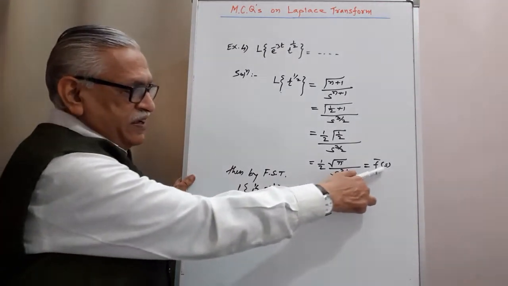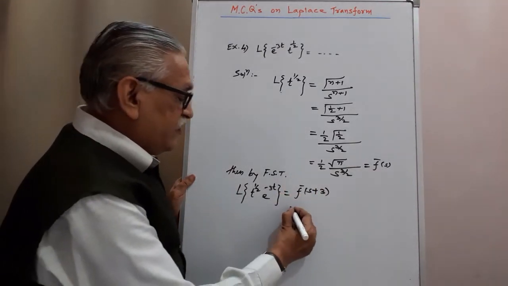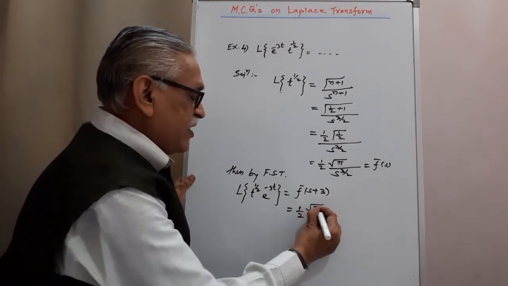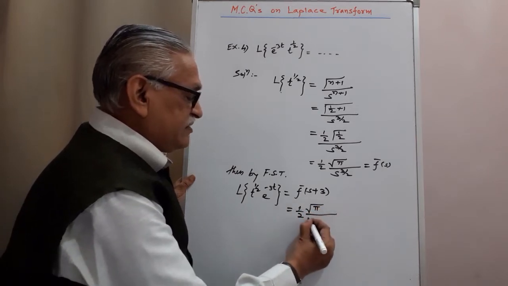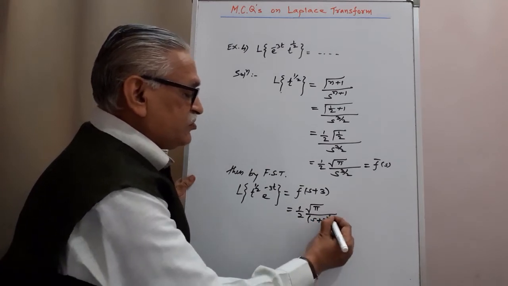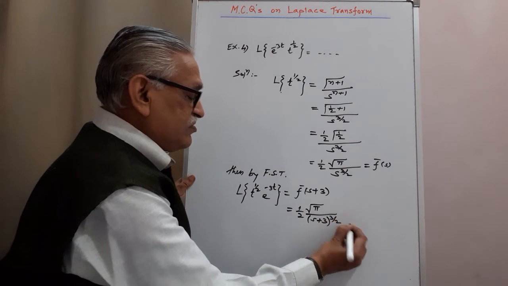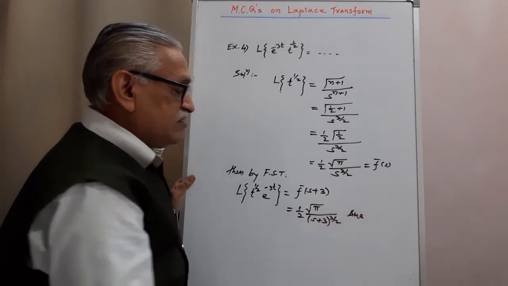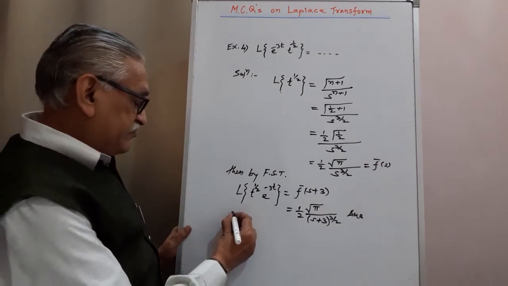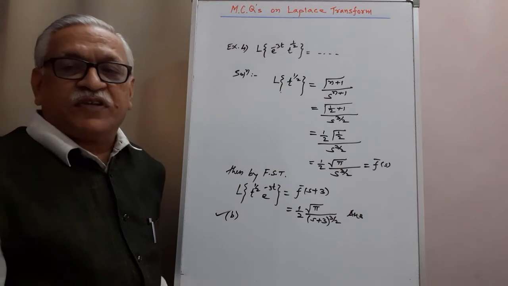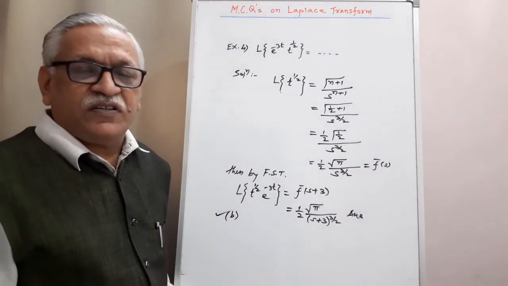Therefore, replacing s by s plus 3 in this result, we get its value as 1 by 2 root pi divided by s plus 3 raised to 3 by 2 as the answer, or the Laplace of that. Option B is the correct option or the correct answer.